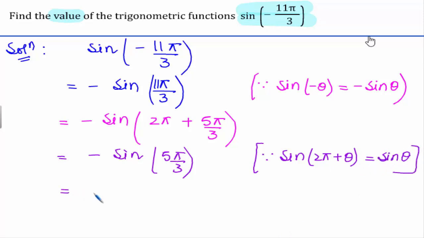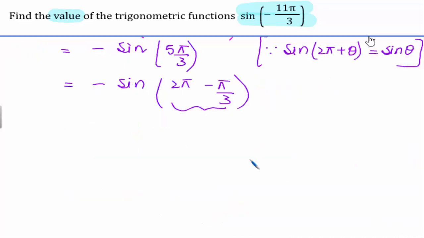Now this is further equal to minus sin. Now 5 pi by 3 can be written as 2 pi minus pi by 3. Now 2 pi minus pi by 3 is in the fourth quadrant, and in the fourth quadrant sine function is negative, so we have minus of minus sine pi by 3.